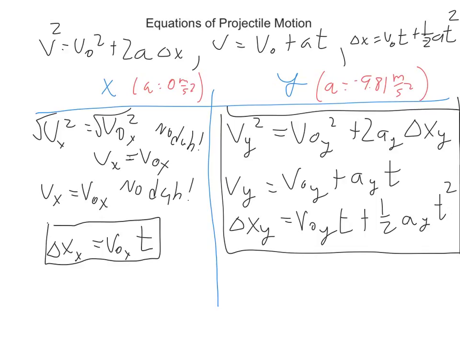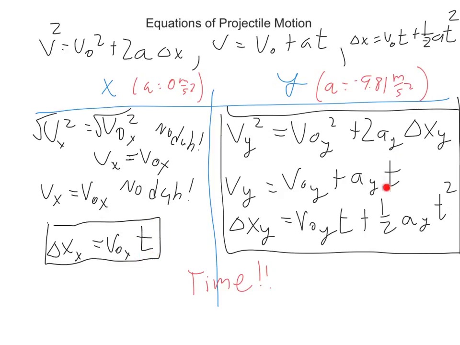Now there are a couple of things to note. There is crossover between the x and y direction, and I'm talking about time. Time is going to be the common thread that connects the x motion and the y motion, because time is not something that's spatially dependent. I have time in my equation over here for the x direction.